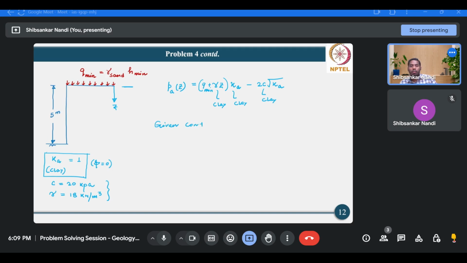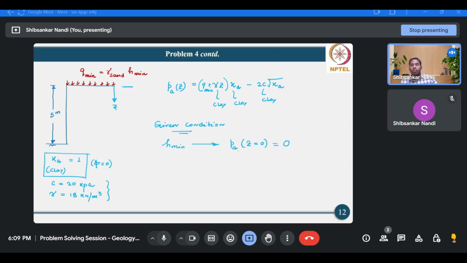As per the given condition, H minimum will correspond to the case that PA at Z equals 0. At most, it can have a value of 0. It should not be negative, so it can have a value of 0 or more than 0, but for the minimum height condition, it will be 0.